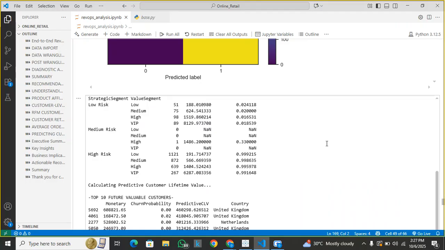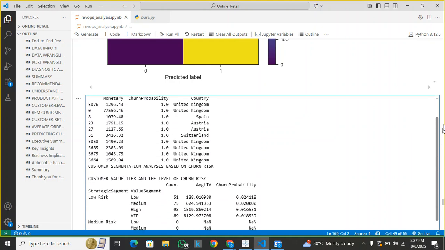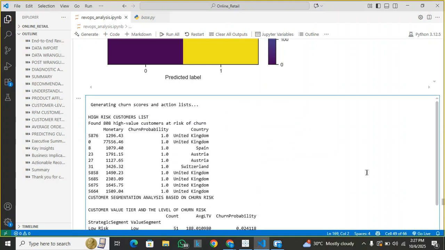Okay. So for the strategic segment, like I mentioned earlier on, I grouped each customer based on their churn probability. I called it the strategic segment.